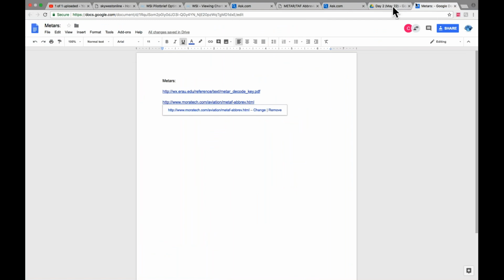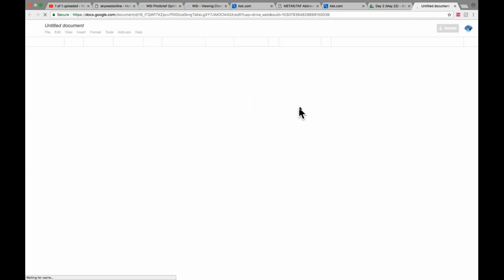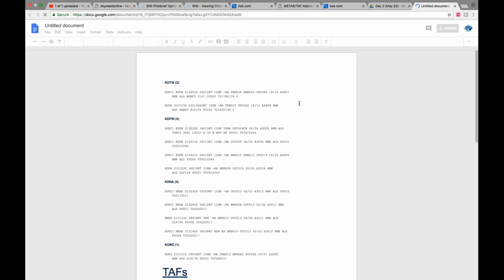Going back to the Google Drive here and looking at these METARs that they gave you. RAB 50. What does that mean? Cody, do you know? RAB 50.